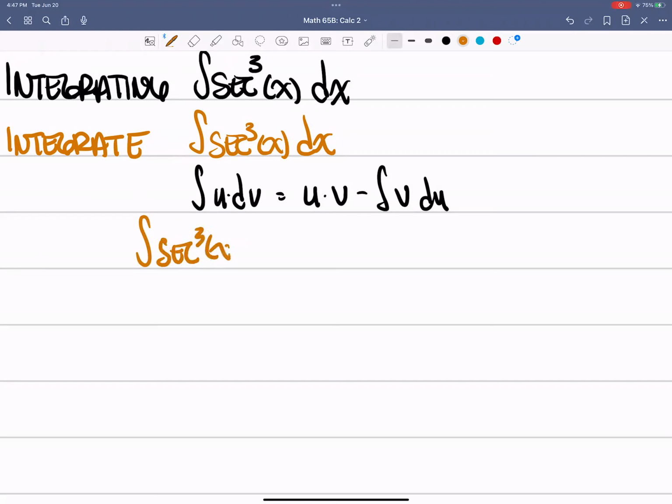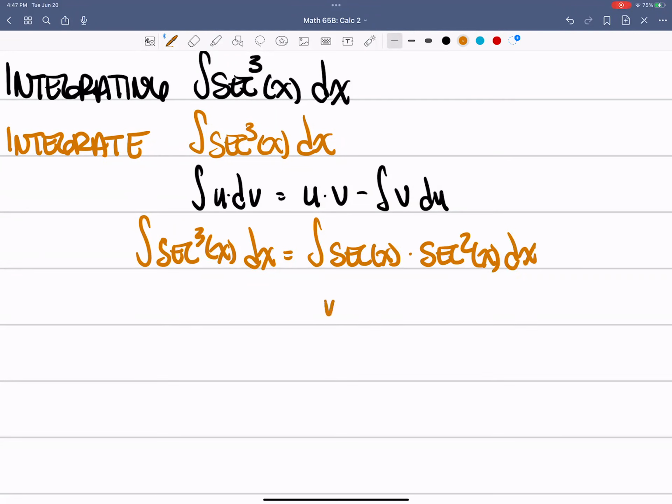So we have the integral of secant cubed x dx. I'm going to separate it into secant x and secant squared x, so the integral of secant x times secant squared x dx. Perfect.